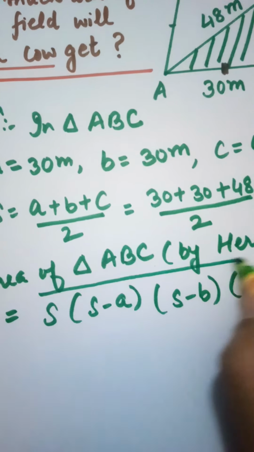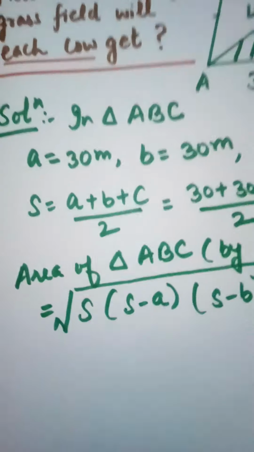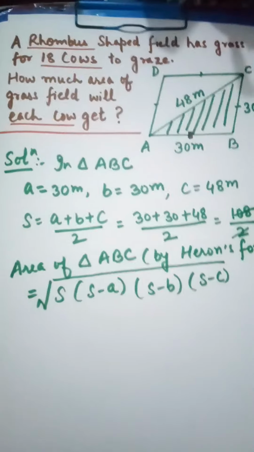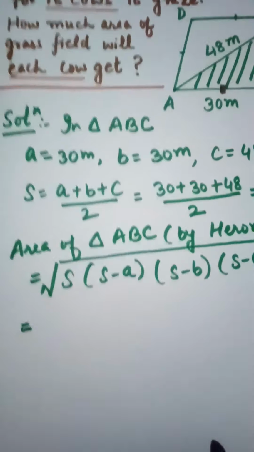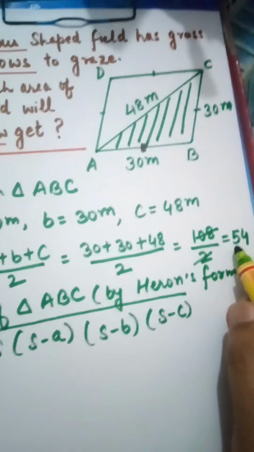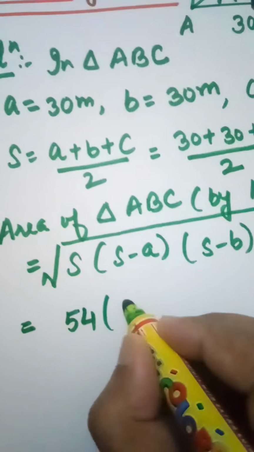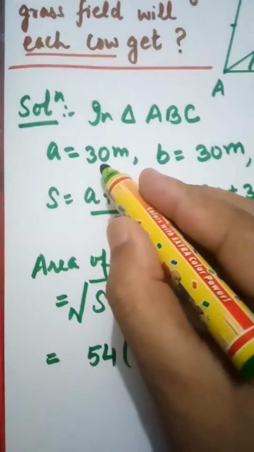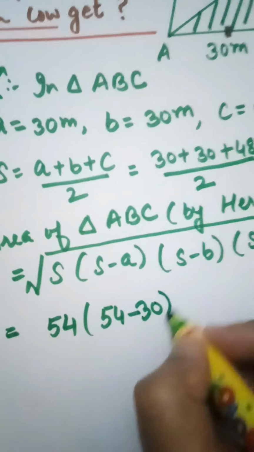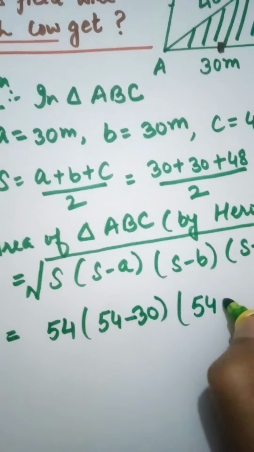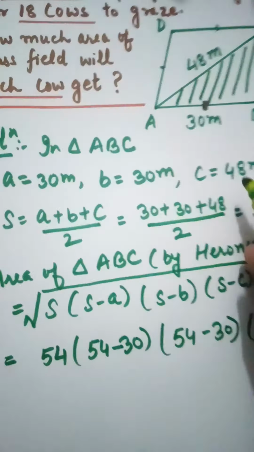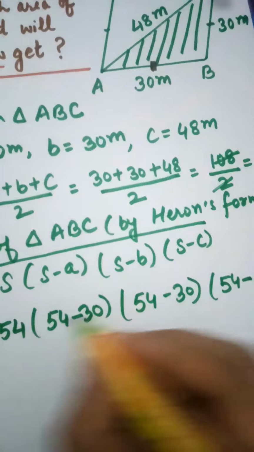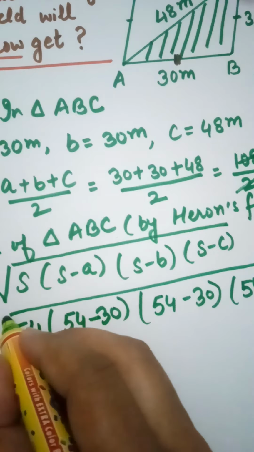So this was the main formula to be used in this exercise. So let's put the values. What is your S? S is 54. Bracket 54 minus A, A was 30. Then again 54 minus B, that is again 30. 54 minus C, that is 48. So all these are to be included in the root.